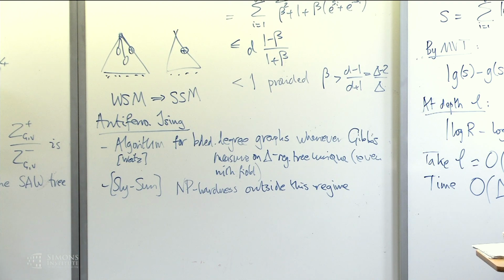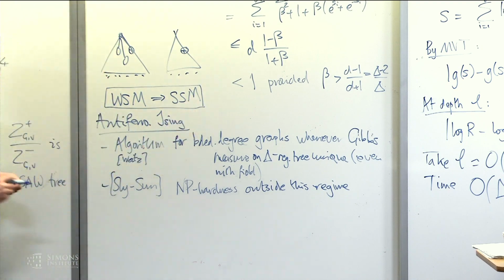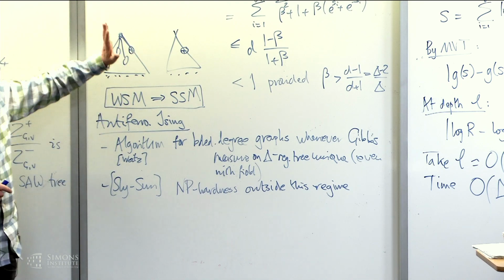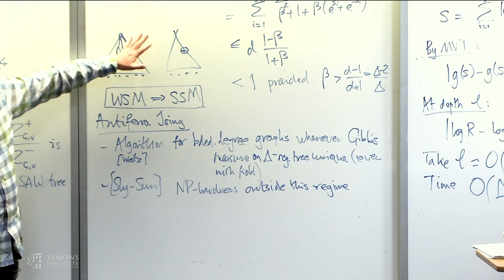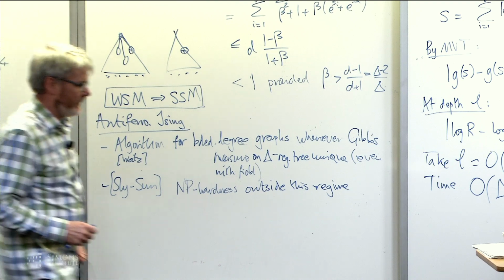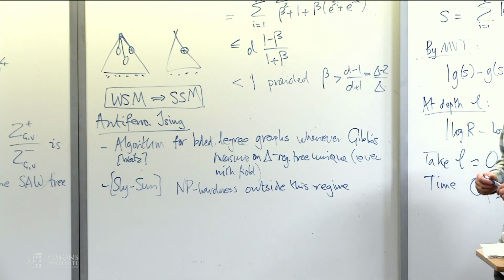It's a bit of a mystery, but we can't do that. In fact, this property fails in the ferromagnetic case. You can stick carefully chosen boundary conditions close to the root, such that you do not get this decay of correlations property, even though you have uniqueness.